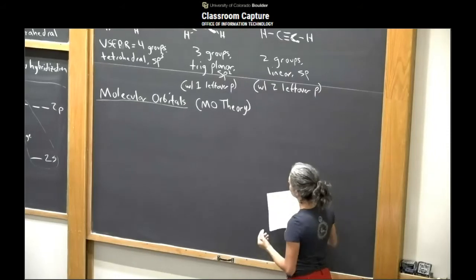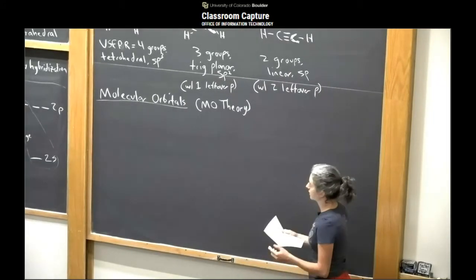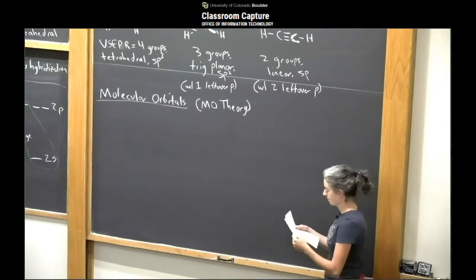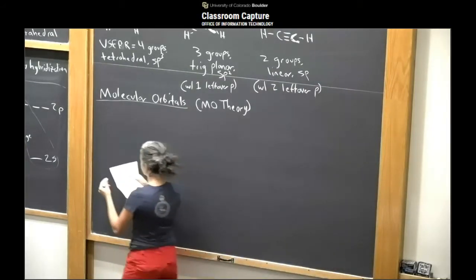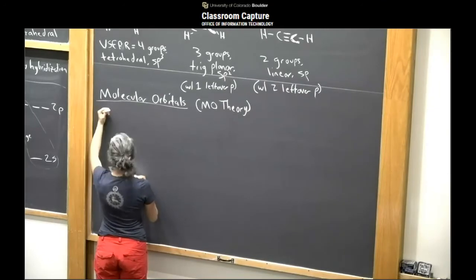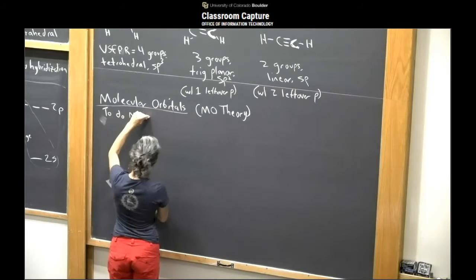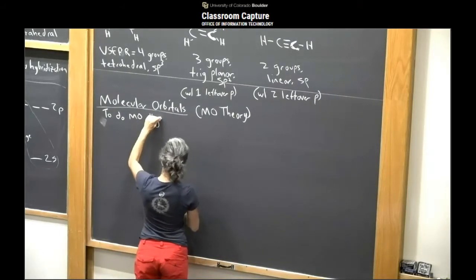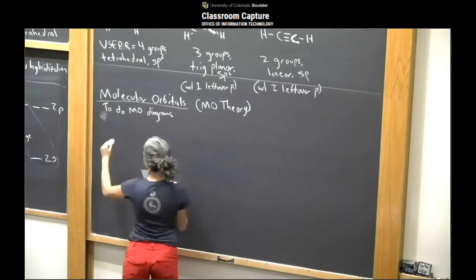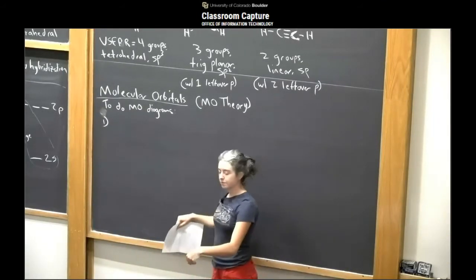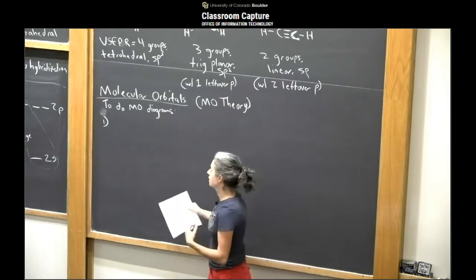Okay, so I'm going to sort of cover the rules of the game for making MOs, and then we can go through an example of how to do this. Okay, so to do MO diagrams, we're going to show the 2 atoms that we're bringing together in the left and the right column of the diagram.